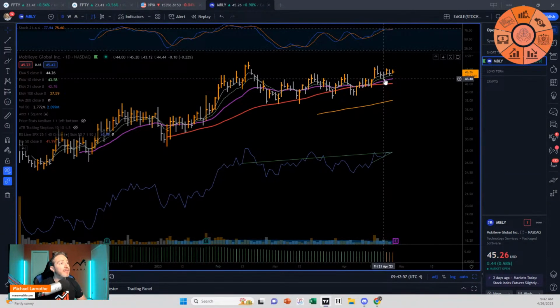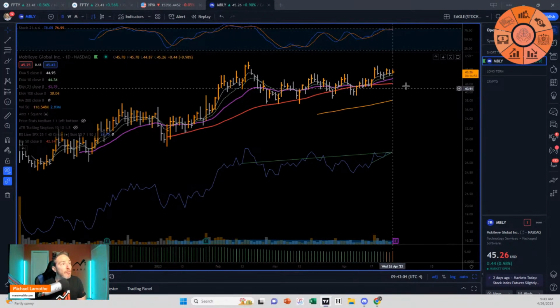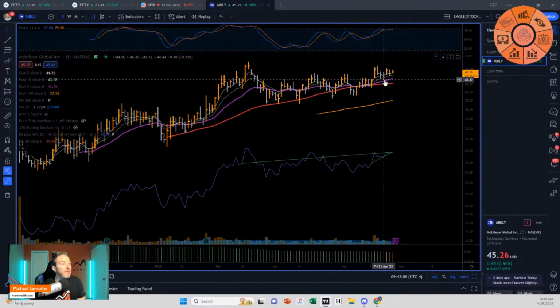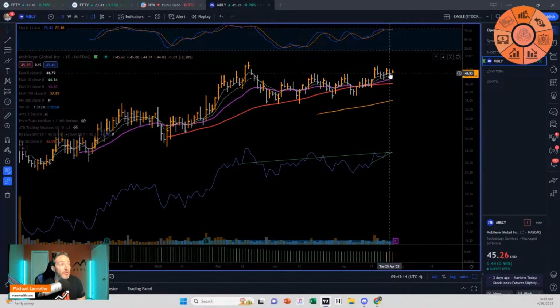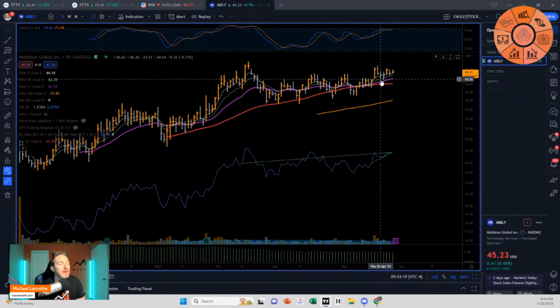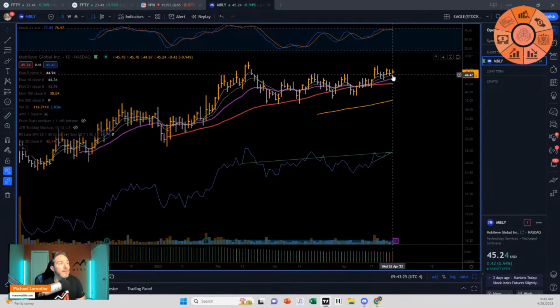Now, when I'm looking at this, I'm also going to see, well, what other confluences are around that $43 level? Well, on this chart, there's this purple line right there. That's a 21-day exponential moving average. So if price were to fall to right below over here, to get to this, it would have to take out the past 3 days of lows.